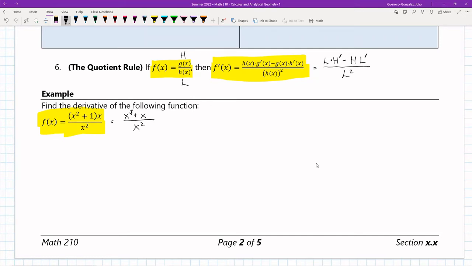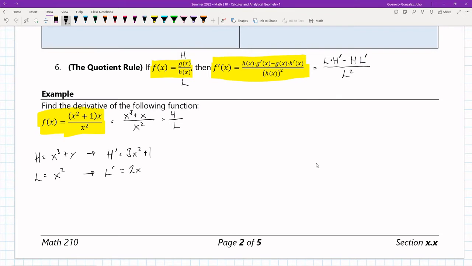Just how the formula from above for the quotient rule works out, I'm going to call this the high, and I'm going to call this the low. So if my high is x cubed plus x, then my high prime is going to be 3x squared plus 1. And if my low is x squared, then my low prime is 2x.